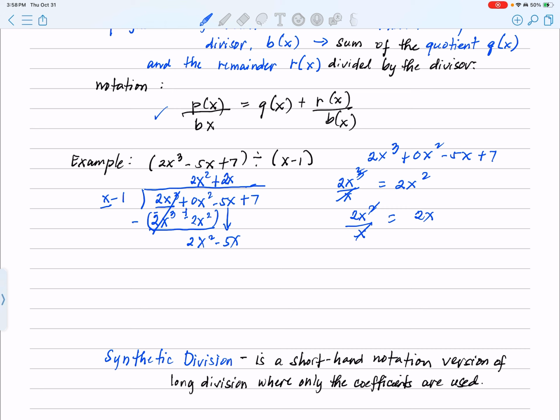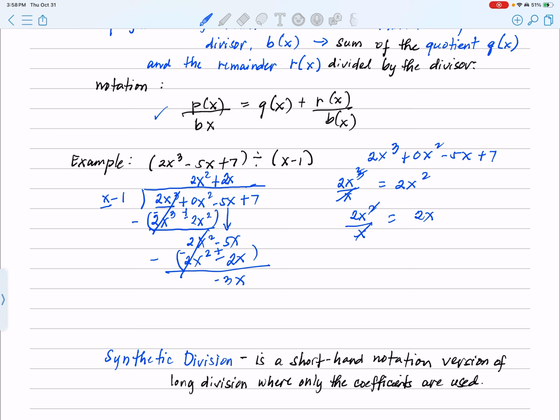Then multiply back: 2x times x will be 2x squared, and 2x times negative 1 is negative 2x. Then subtract. When you subtract, the sign will be changed. So we cancel this out, one positive and one negative. Negative 5x plus 2x is negative 3x.